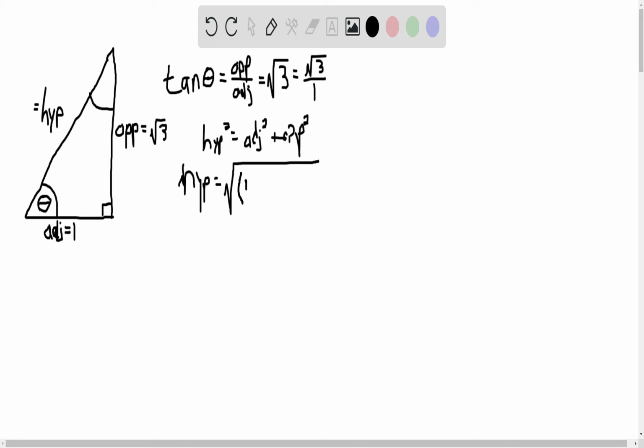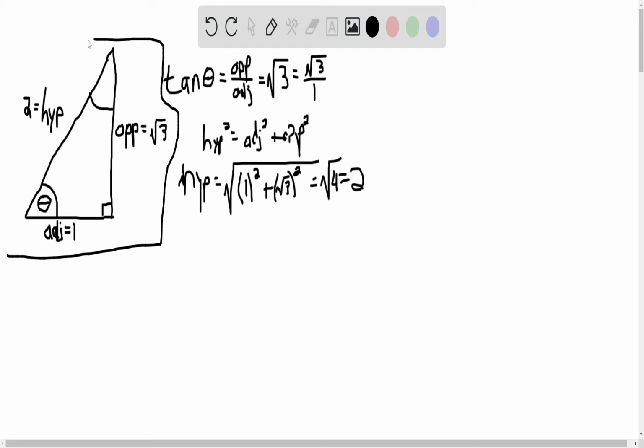So we'll take the square root of both sides and fill in the information from our triangle. The adjacent side is 1 squared, and the opposite side is the square root of 3 squared. That equals the square root of 4. That equals 2. And we can now label our diagram. The hypotenuse has a length of 2.